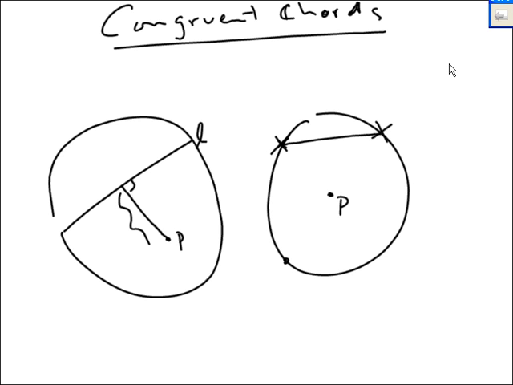It's not enough just to go from one point of a circle to another. I just did that, and that's not a chord. It needs to be a straight line. If P happens to be the center of a circle, the distance from P to the chord is the length of the line that meets at a right angle.